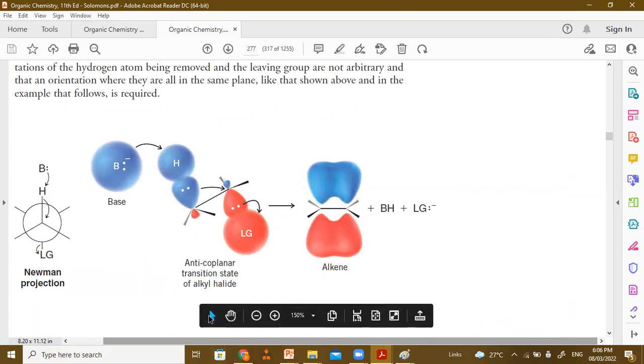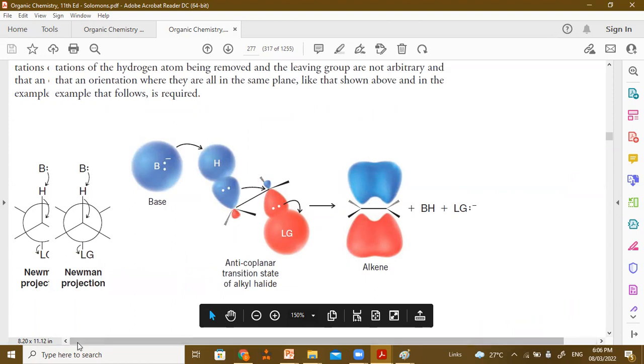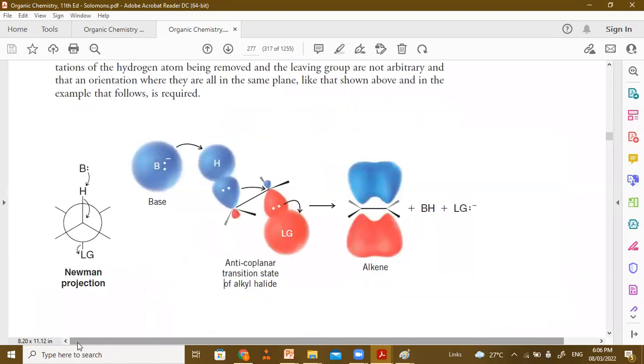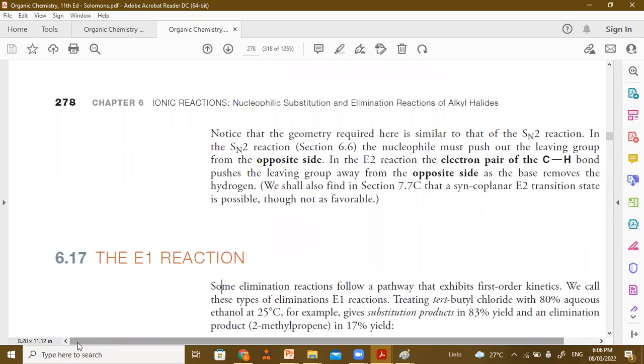So it's an anti-coplanar transition state of the alkyl halide. Anyway, we will learn more about this in chapter 7, but that is how the elimination E2 reaction occurs.